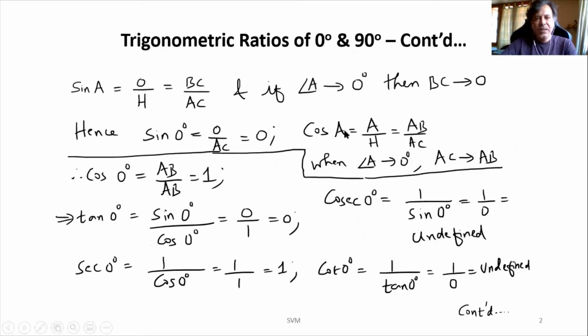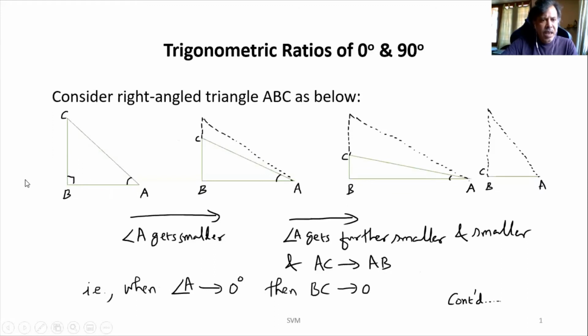Similarly, cos A. A is nothing but 0, because angle A is tending to 0. That means we are trying to evaluate cos 0 degrees. It is adjacent by hypotenuse. Adjacent is AB and hypotenuse is AC.